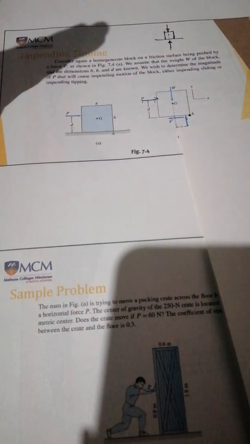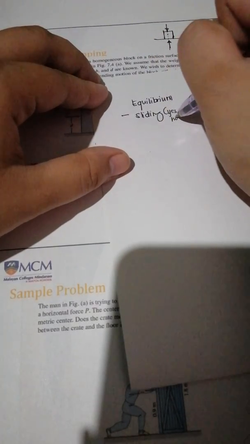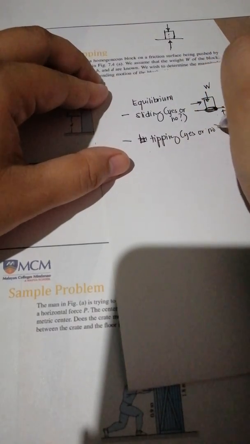So when we talk about equilibrium, we should consider both whether or not it slides and whether or not it tips. Let's have an example.